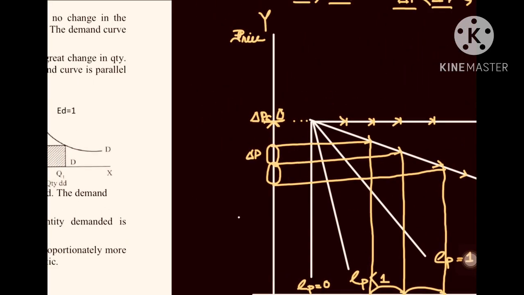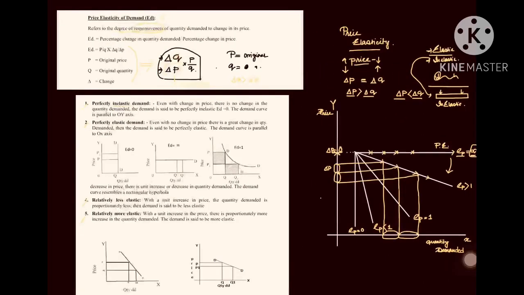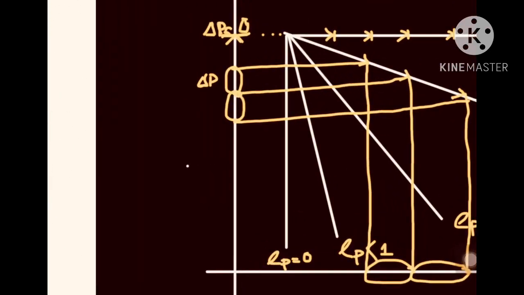So, coming to this formula, I can say delta Q is greater than delta P, meaning the change of price is comparatively less than the change of quantity. Yes or no? Change of quantity is more. So here the quantity changes more, but the price changes less.